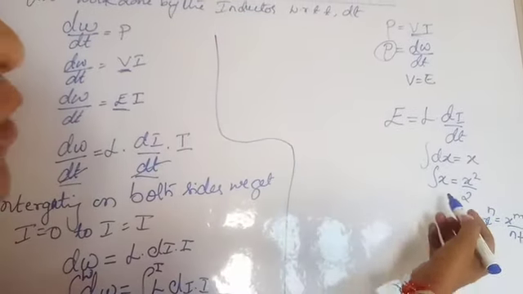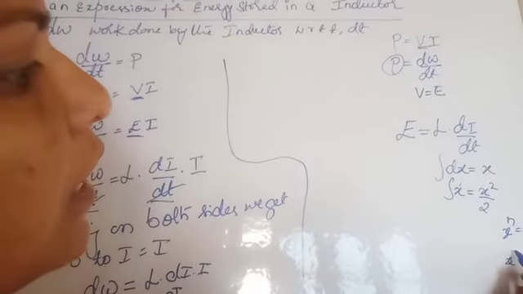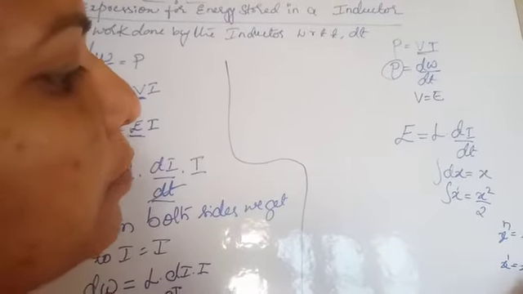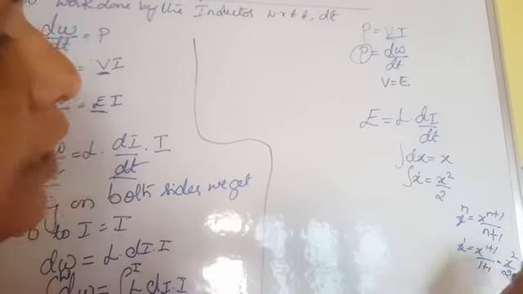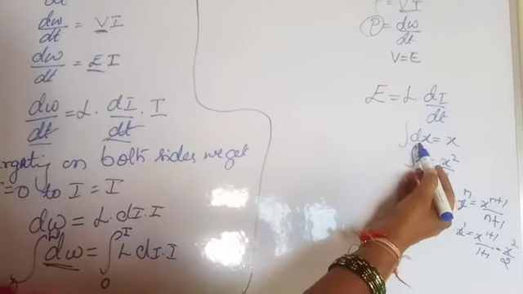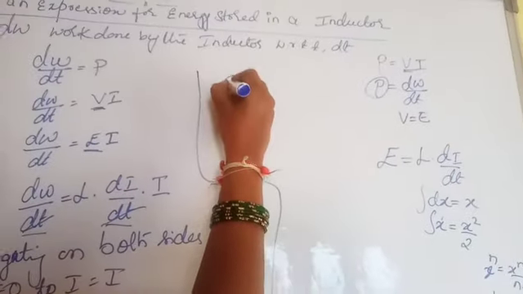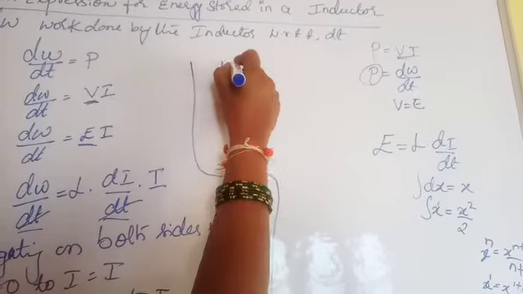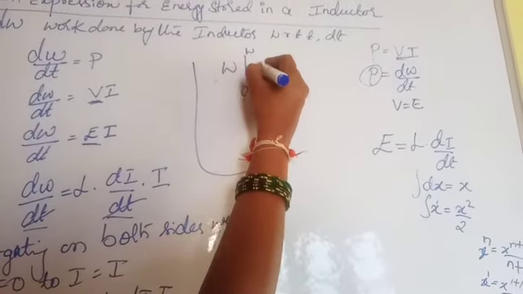If there is no power shown, we take it as 1. So x power 1 becomes x power 1 plus 1 by 1 plus 1. That will give x square by 2. So the integral of dx is x, and likewise the integral of dW is W, with the limit 0 to W.